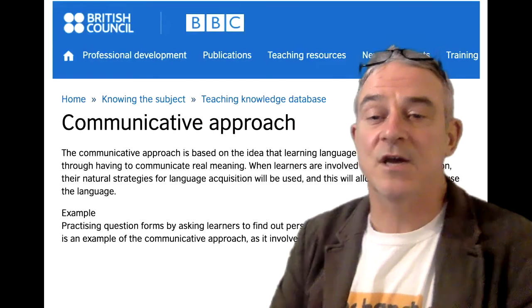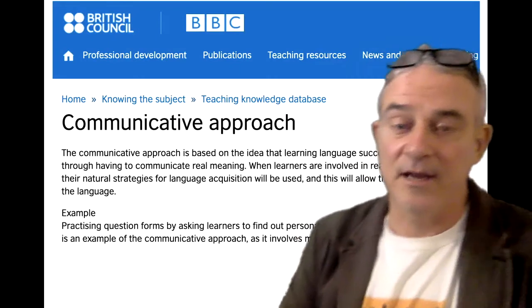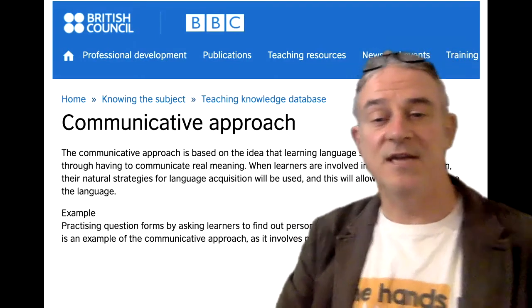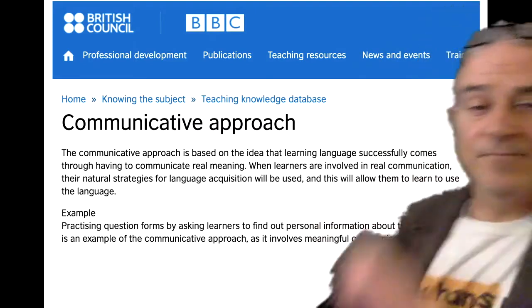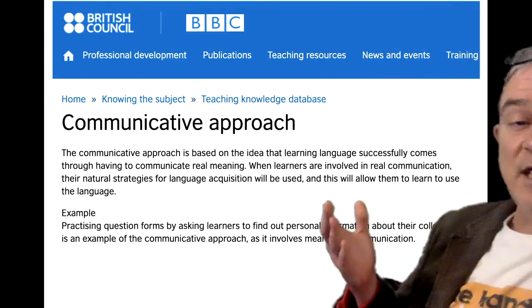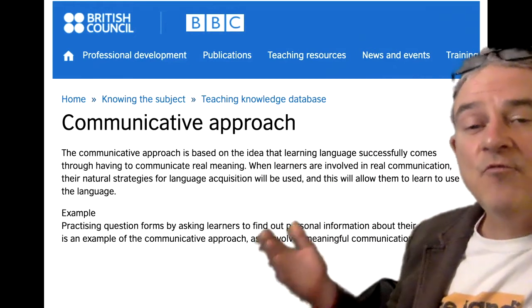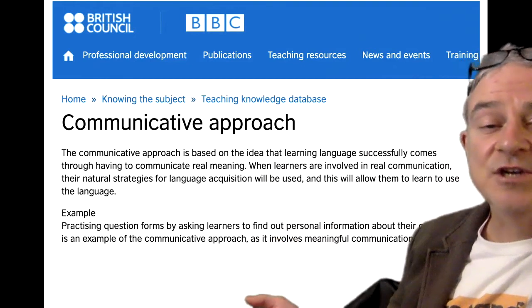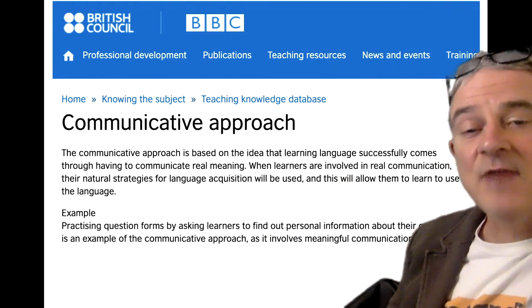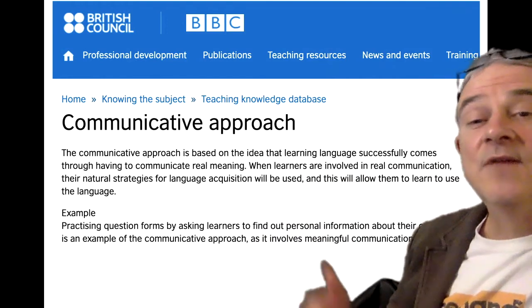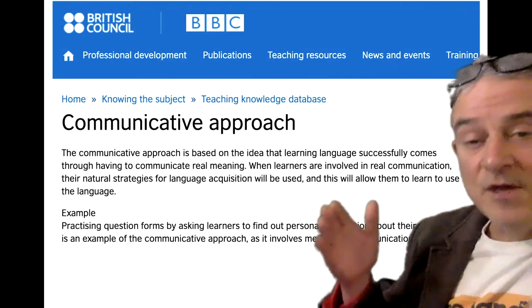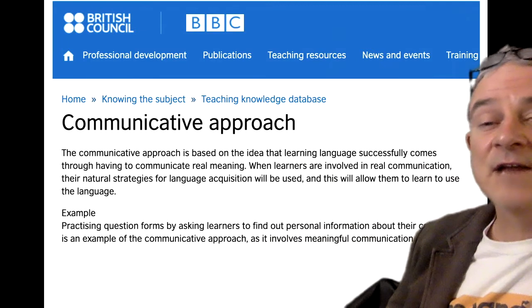Now, just let's remind ourselves of what a communicative approach looks like. So the communicative approach is based on the idea that learning language successfully comes through having to communicate real meaning. When learners are involved in real communication, their natural strategies for language acquisition will be used, and this will allow them to learn to use the language.